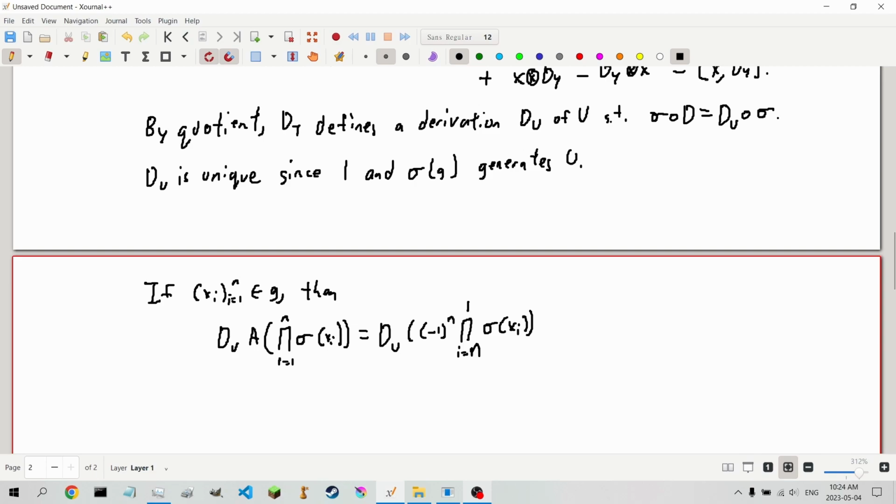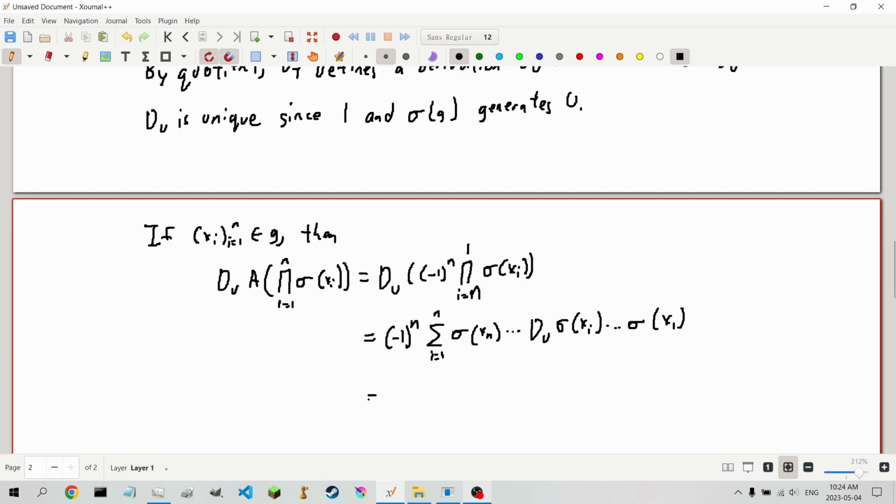Which is going to be, as we saw before, the sum, where we bring this multiplicative scalar out in front, of x_n, and then the derivation in U of this sigma, then back to normal all the way back up to x sigma 1.